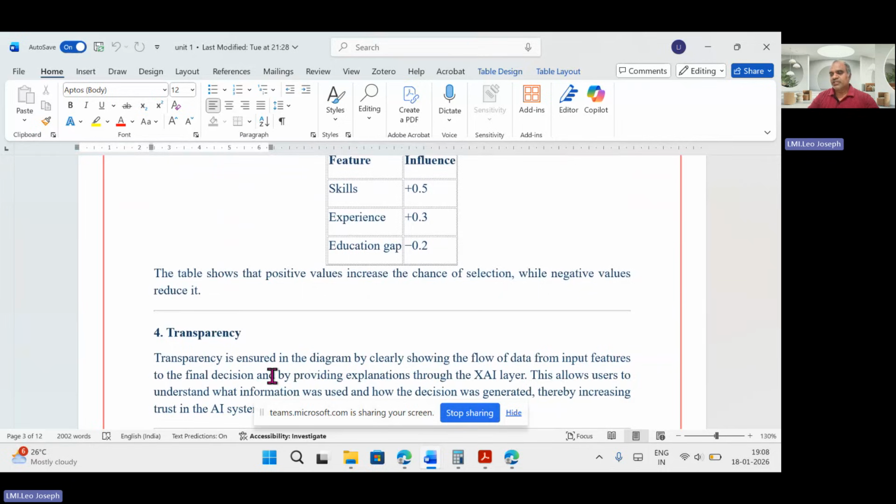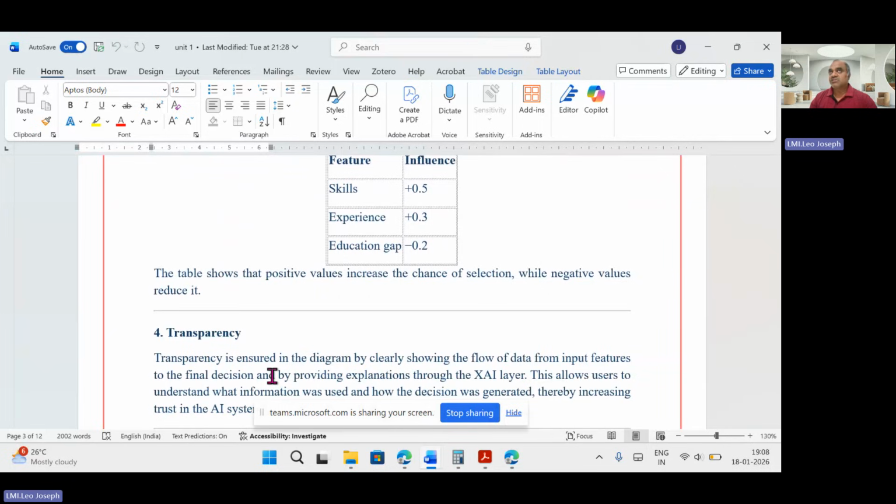If I am able to interpret, okay, based on these parameters only my loan is rejected or approved, and I can take a decision equivalent to that of an AI model, then that is called an interpretable model. The decision taken by the system, I can analyze and I can tell this system will give this answer only. That is called interpretable.